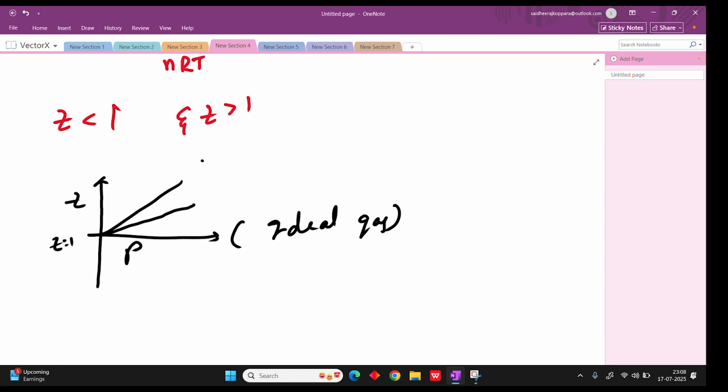And this is for hydrogen and this is for helium. These all are for other gases.